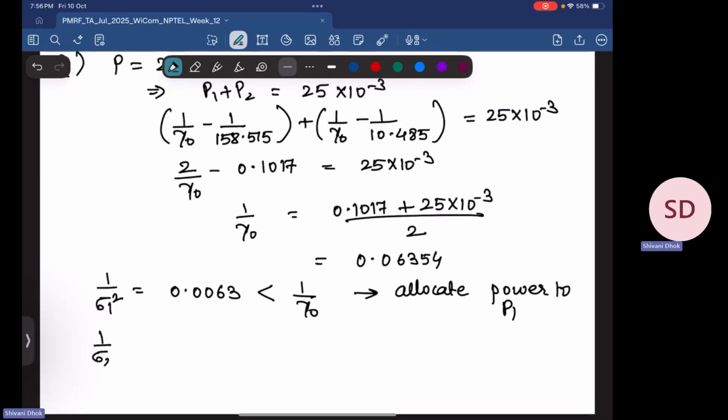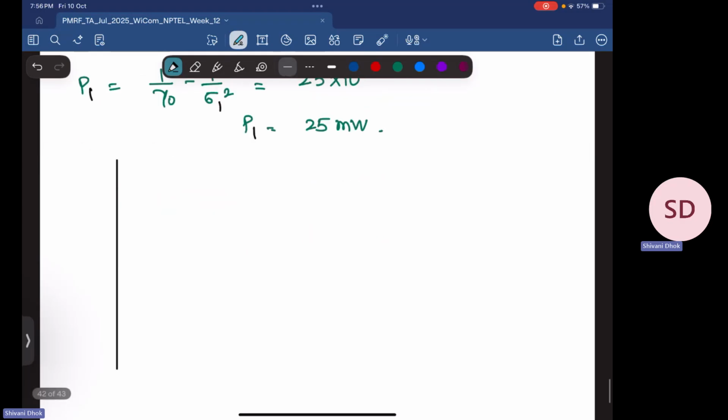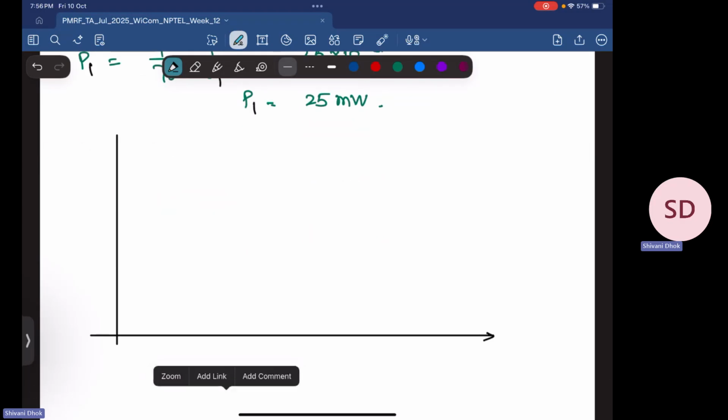And 1 by sigma 2 square is 0.0954. This is greater than 1 by gamma naught, which means that no power goes to P2. And here it should be 1, and here also it should be 1.